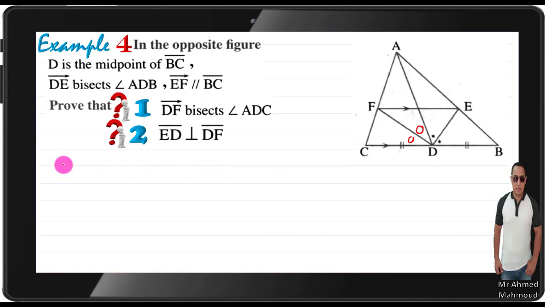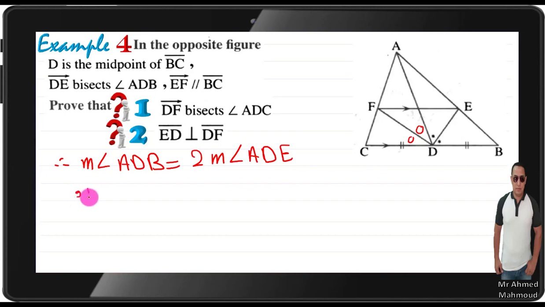Therefore, from the previous, the measure of angle ADB equals 2 times the measure of angle ADE, and the measure of angle ADC equals double the measure of angle ADF.